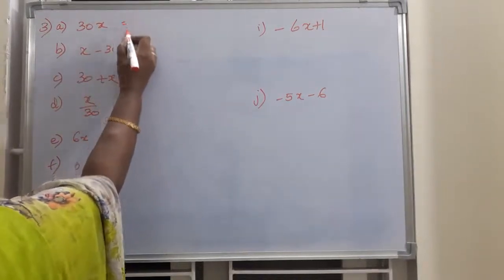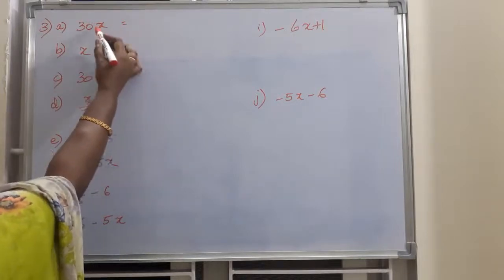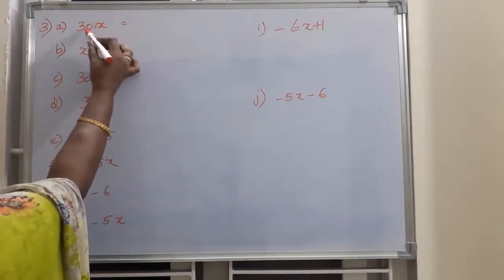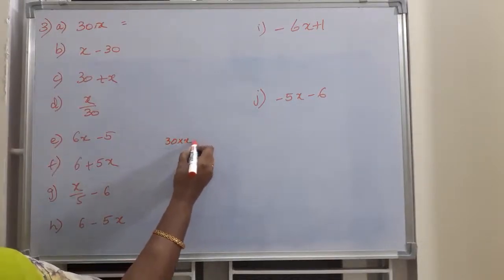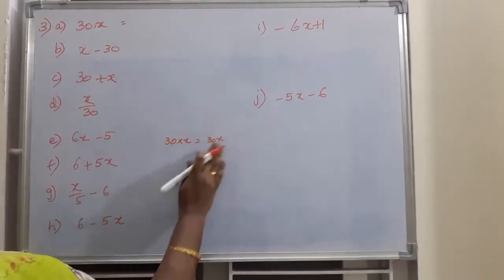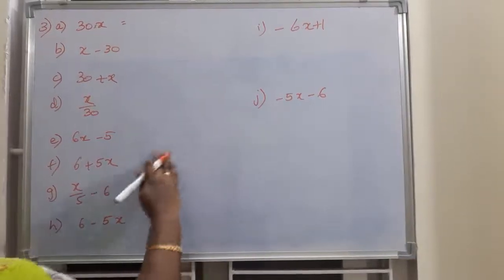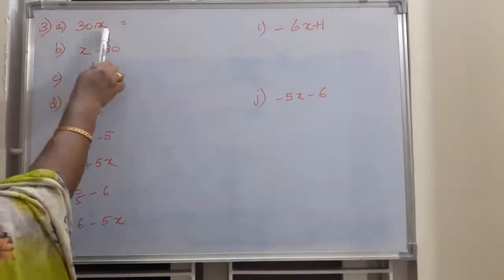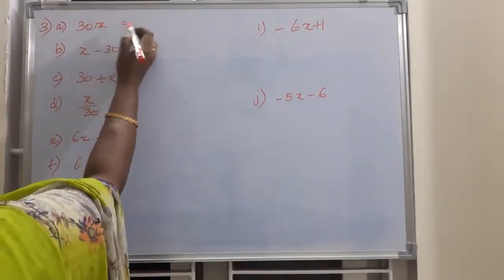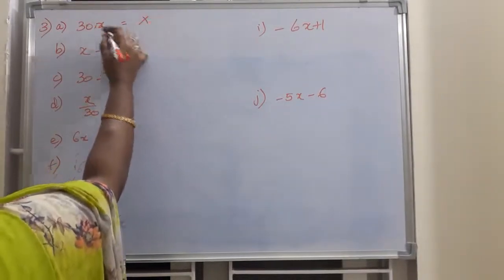If you can't see any symbol, it means there is a multiplication over here. Like 30 into x is equal to 30x. Like 2 into m is equal to 2m. So if there is 30x, it means 30 into x. So this is a multiplication symbol.